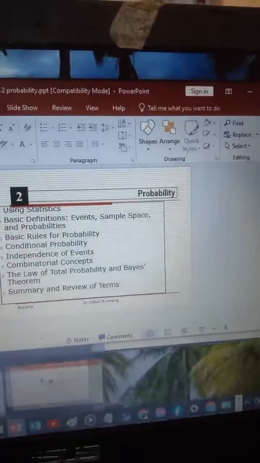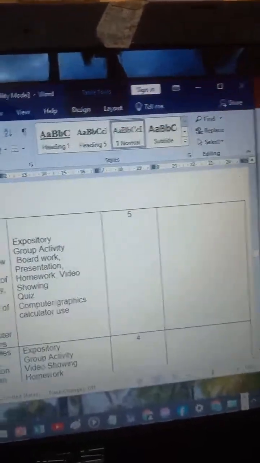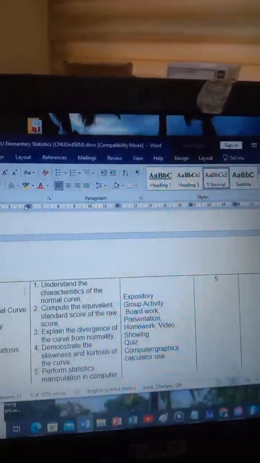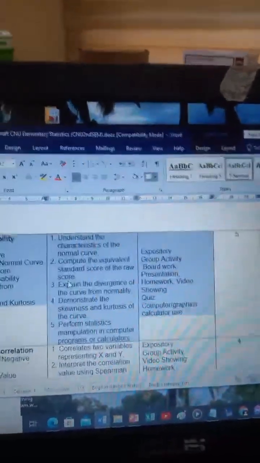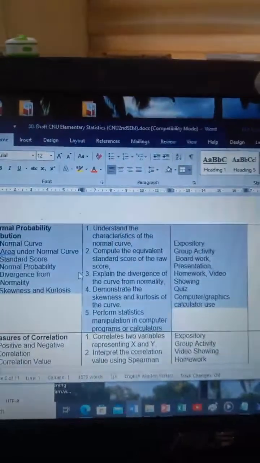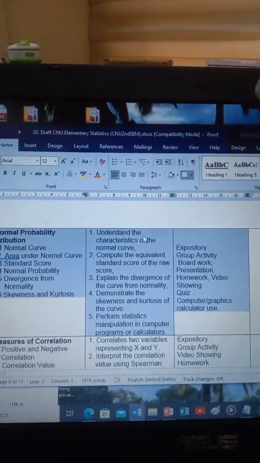But it's important that we establish topics first. Although this is a draft of the topics in our syllabus, there are other topics that we'll have to cover.